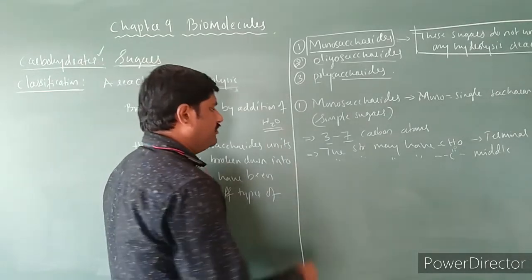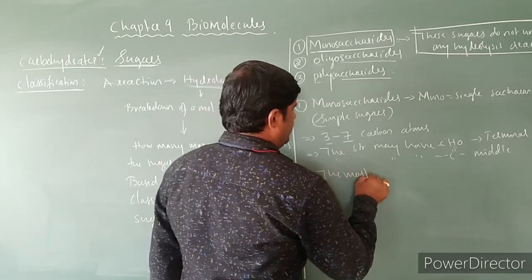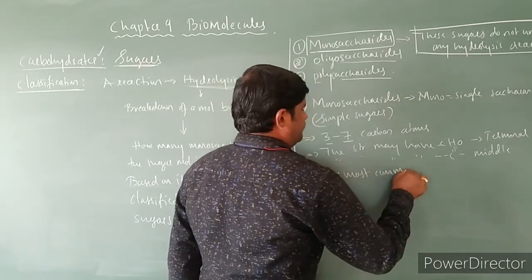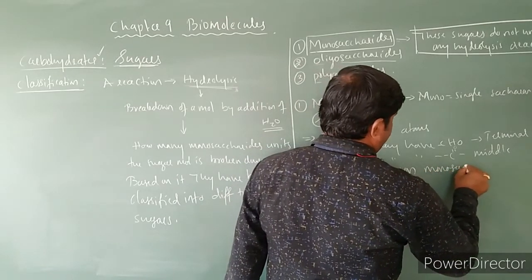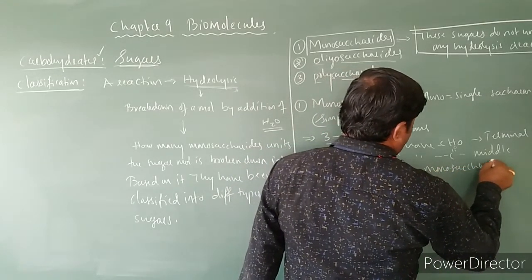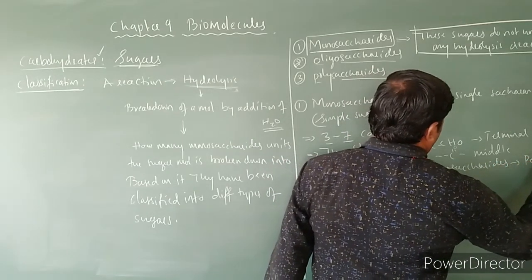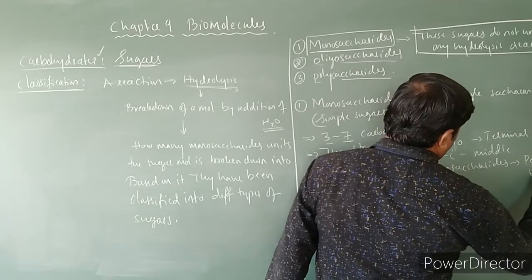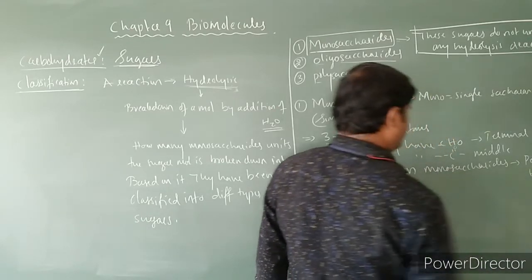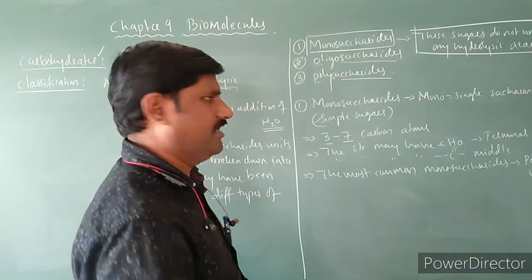Alright? So the most common monosaccharides are pentose sugars as well as hexose sugars. What are these pentose sugars as well as hexose sugars? The question arises.